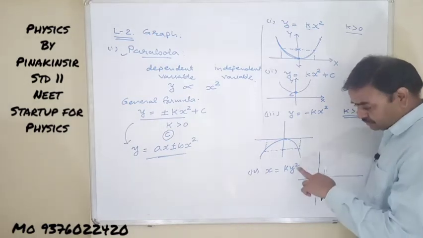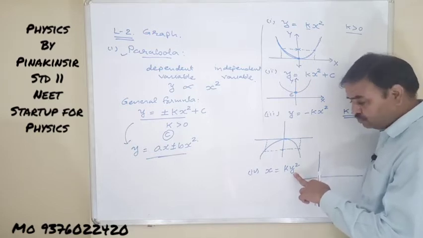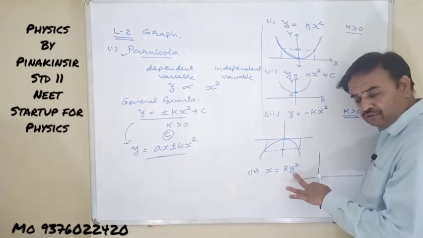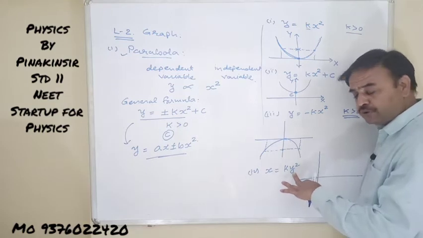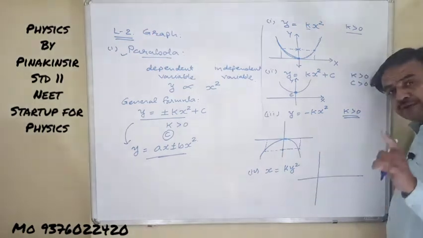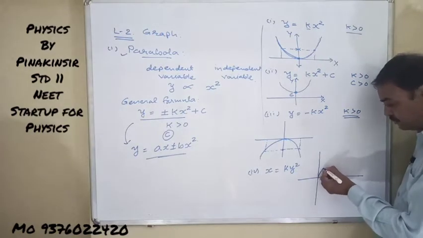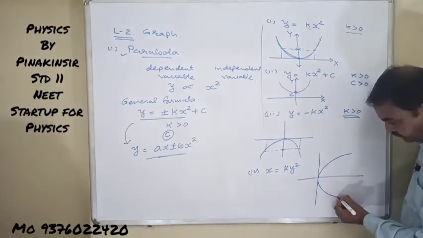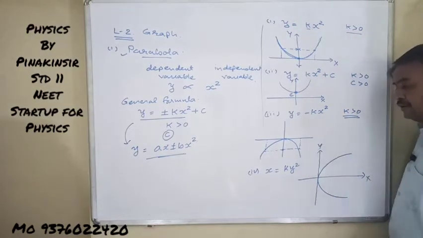Second thing is, if we substitute y is equal to plus 2, you will get 4k. If we substitute y is equal to minus 2, you will again get x equal to 4k. Then the value of x will be common. Then your graph will be symmetric about the x-axis. It will look like this, x, y.